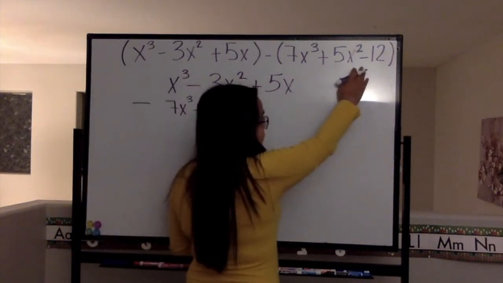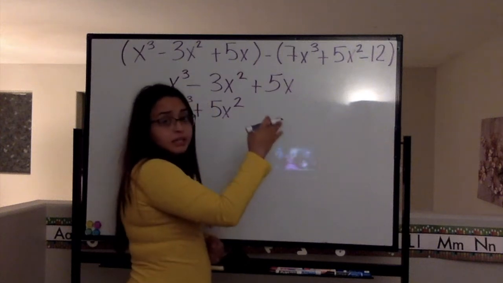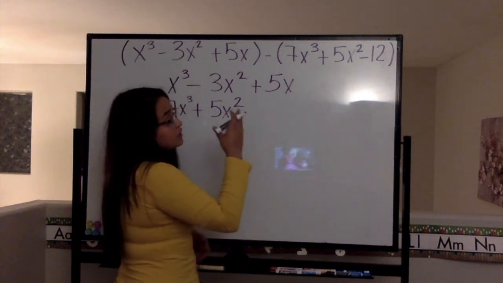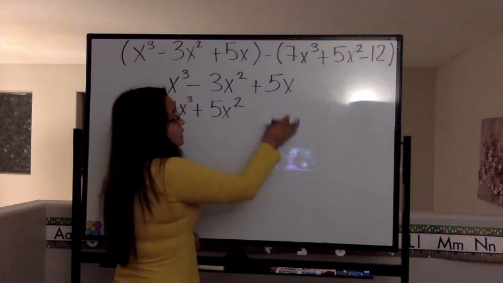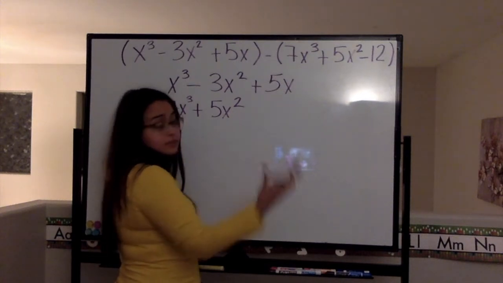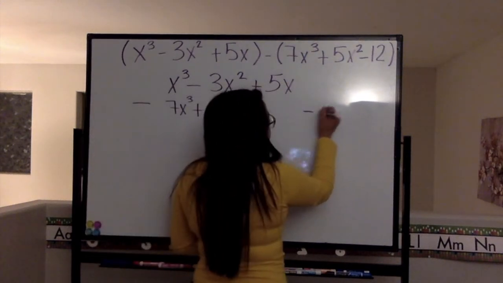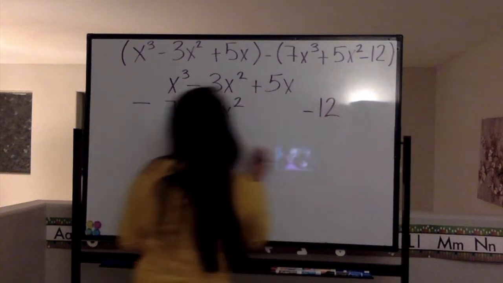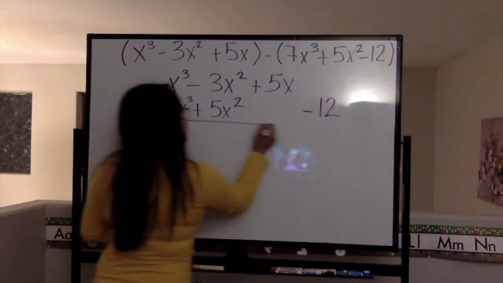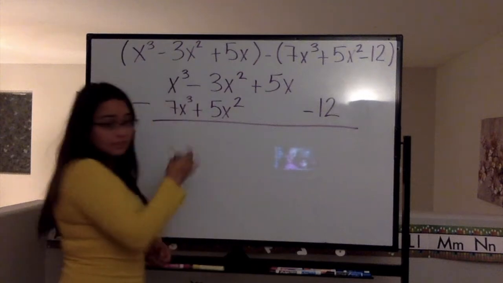Now, in this equation, we don't have a term with just x, so we're going to leave this space blank because it's 0. Then we're going to put a negative 12 over here. And that is how it's going to look.